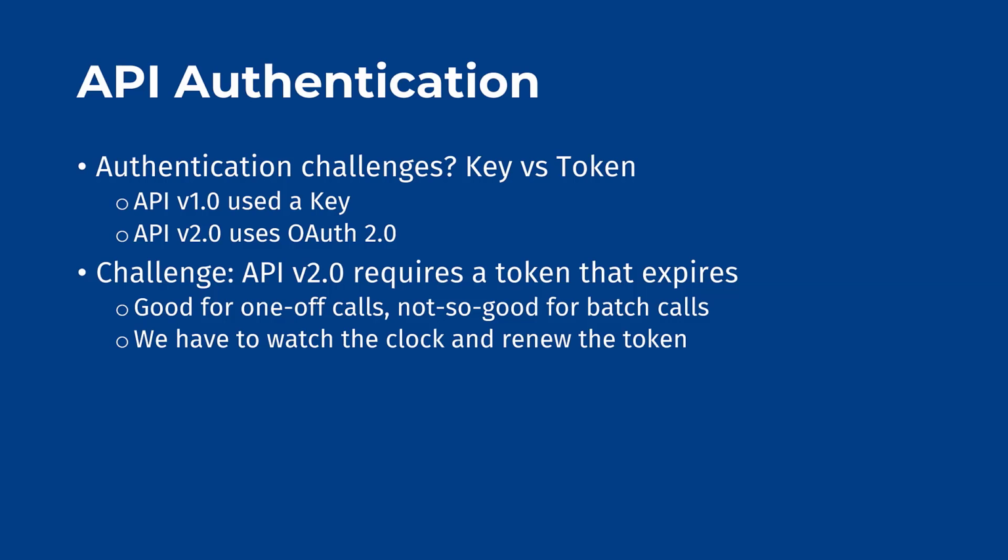This is fine for one-off calls for data, but not so great for batches of data we are trying to fetch. So we have to watch the clock and renew the token periodically. There are links on the last slide of this presentation that give detailed information about how OCLC uses OAuth and tokens. Next slide, please.